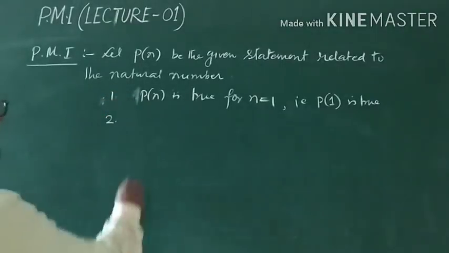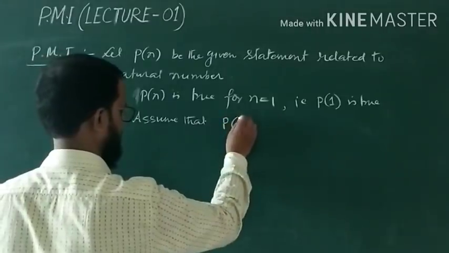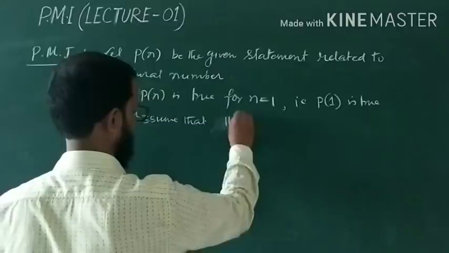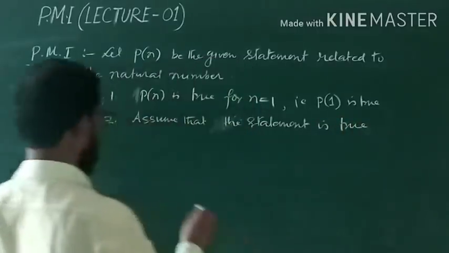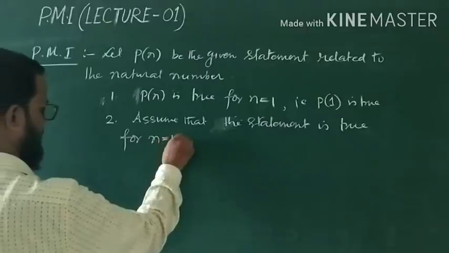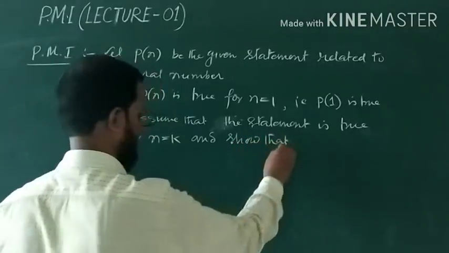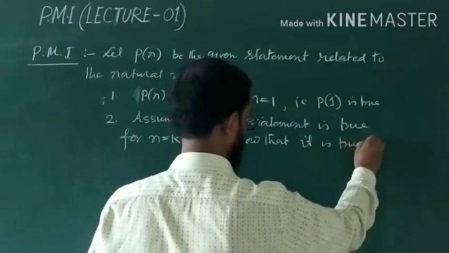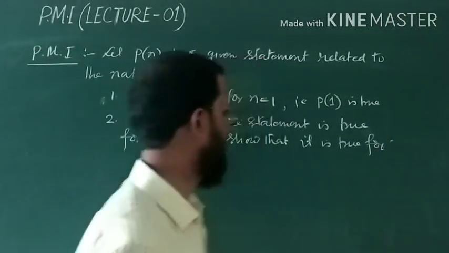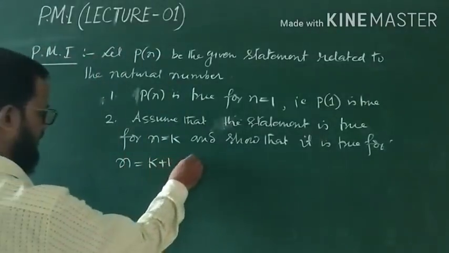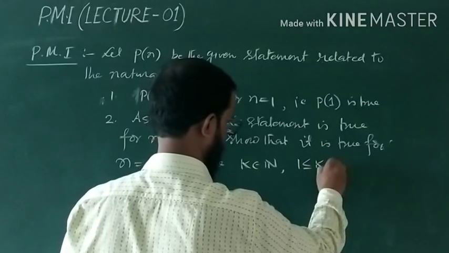Next step is to assume that Pk is true. Assume that the statement is true for n equal to k, and show that it is true for n equal to k plus 1, where k is a natural number and 1 is less than or equal to k, which is less than or equal to n.